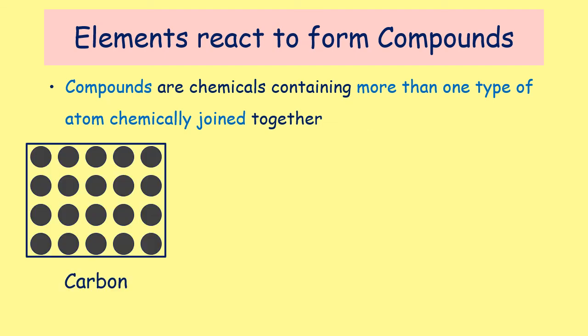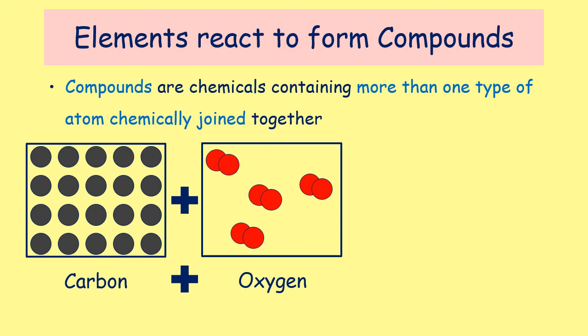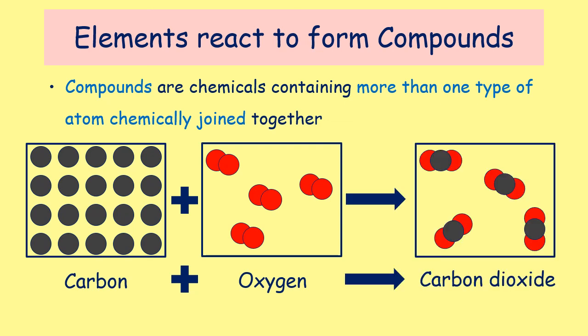So here's an example, carbon reacting with oxygen to form carbon dioxide. So you can see that the compound at the right, in that box, we have a mixture of atoms of carbon, the grey ones, and we have atoms of oxygen, the red ones.